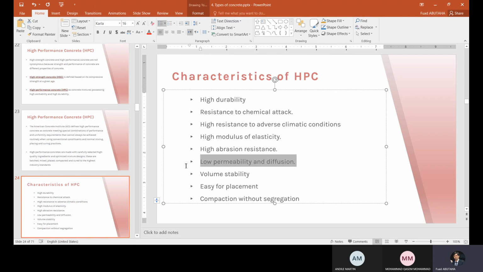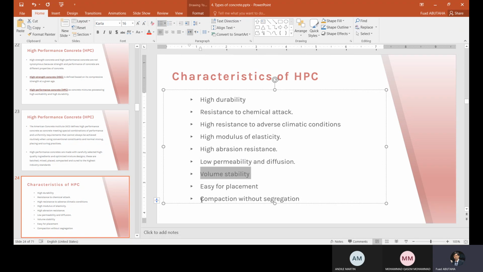There is no volumetric change in this concrete. You need to know that concrete always tends to shrink over time. The volume of the concrete doesn't expand; it is always looking to shrink rather than expand.